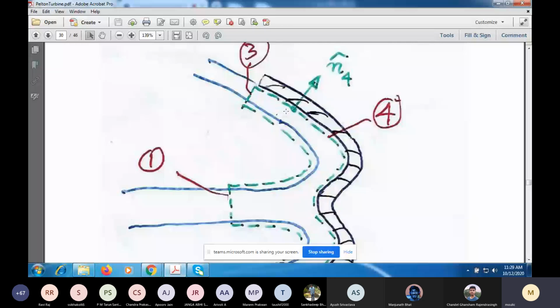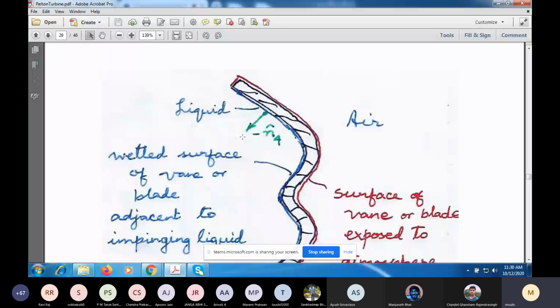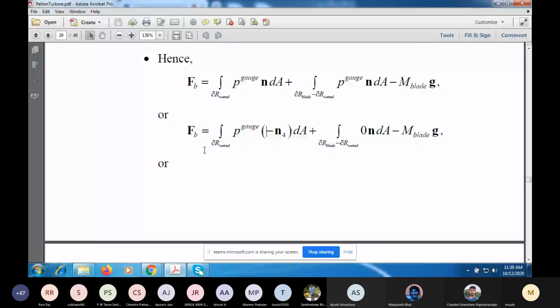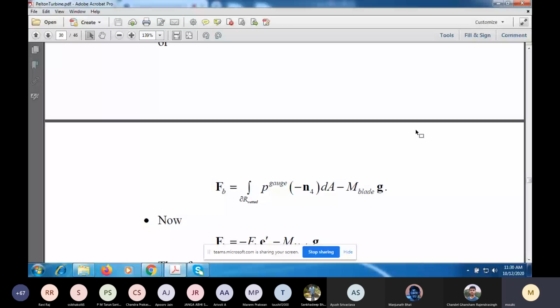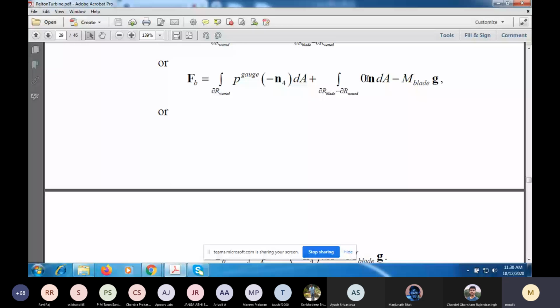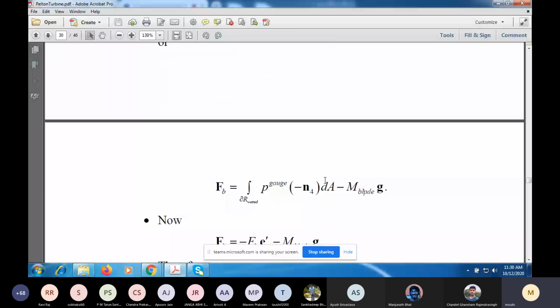So if this is plus n4, then this vector will be minus n4. So you have minus n4 here instead of plus n, and this will be 0. And this part I've kept as it is. Now this whole thing I've rewritten in this way by removing the middle term here. If the function you're integrating is 0, this is like a definite integral over a region, so the value will be 0. Now, G does not have an x component.